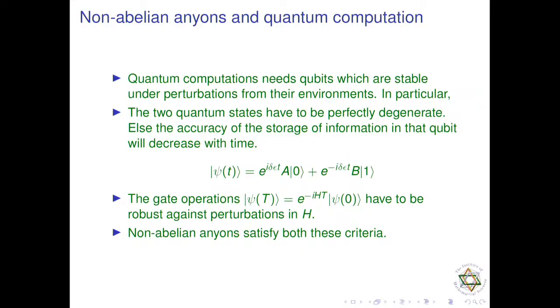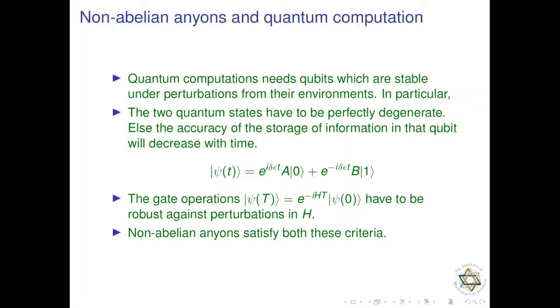Now, the idea of using non-abelian anyons for this is that firstly the degeneracy is actually guaranteed by topology, and I'll come to it later. And also, for the gate operation, once you braid two of these anyons around each other, you come back to a new rotated state, so that's the gate operation.